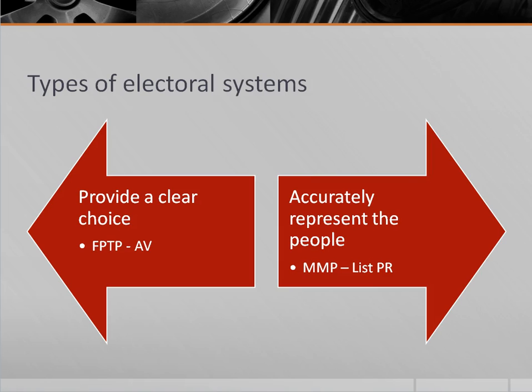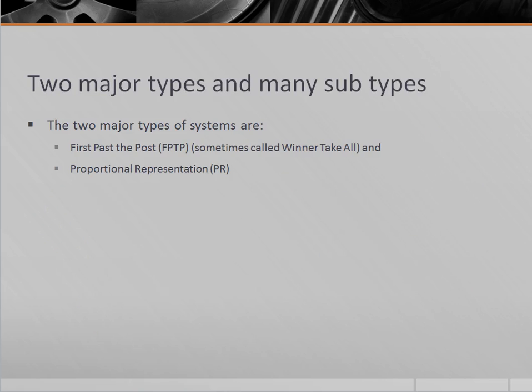And on the other side, you have the systems that attempt more or less to accurately represent the political views of the people in all their wonderful diversity, and those are mixed member proportional, MMP, and list PR, proportional representation. I'm going to talk about FPTP and AV in this lecture. I'm going to save the material on mixed member proportional and list PR for the next one, because otherwise this would get long, and it's long enough as is.